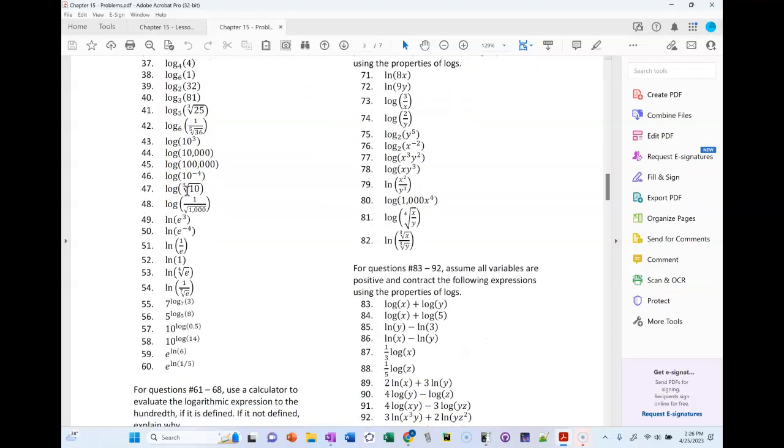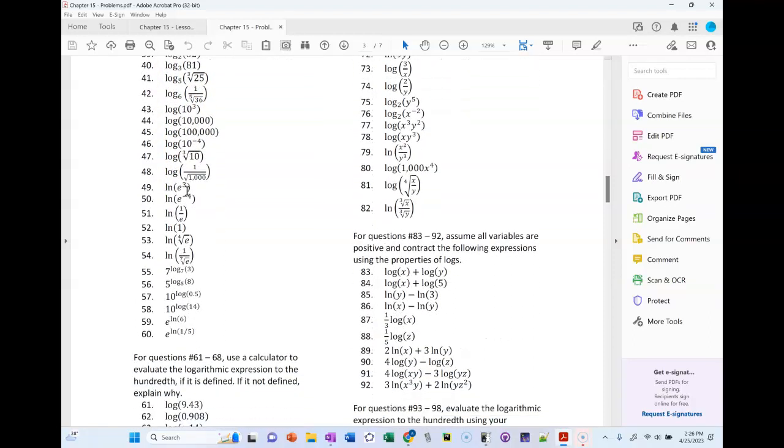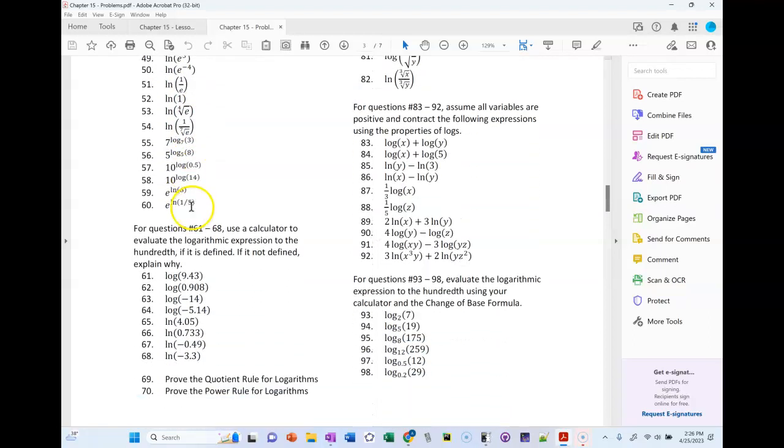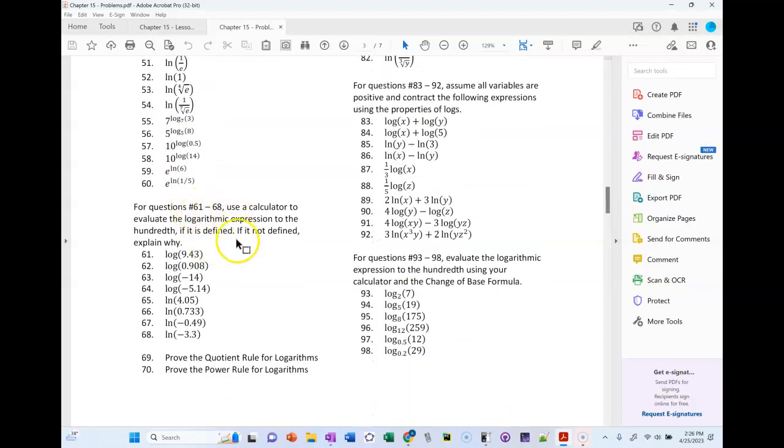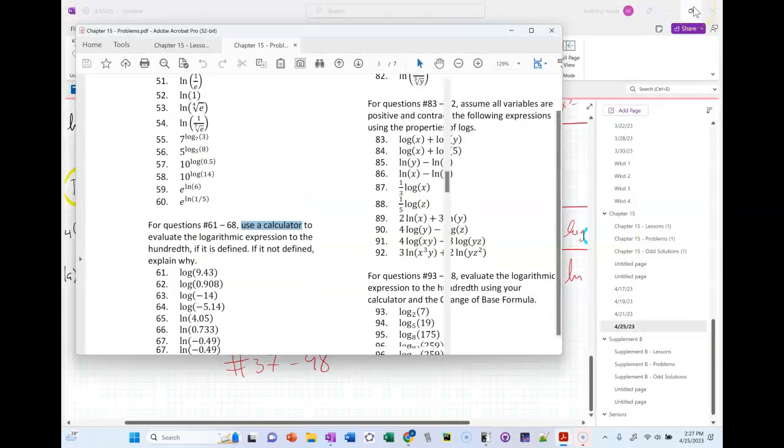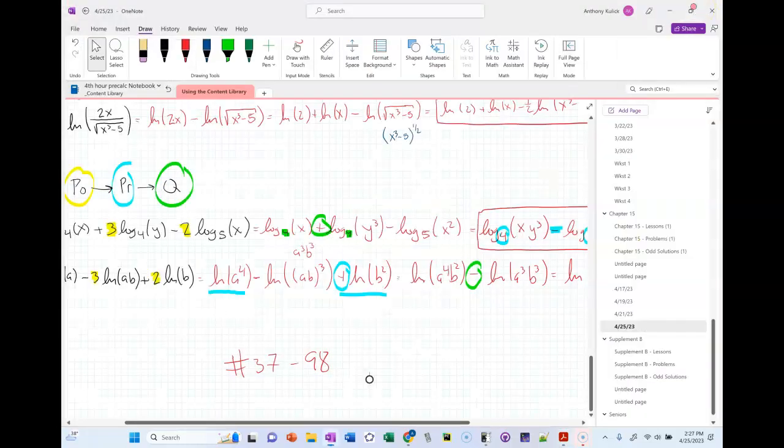This shouldn't be too bad. Those should be relatively quick problems. Look at 61 through 68. Use a calculator. You're just typing that stuff in your calculator and pressing enter. That's like 8 questions, Mr. Goulet. Don't do 69 and 70. We didn't do the proofs there. I don't think you need to do those.